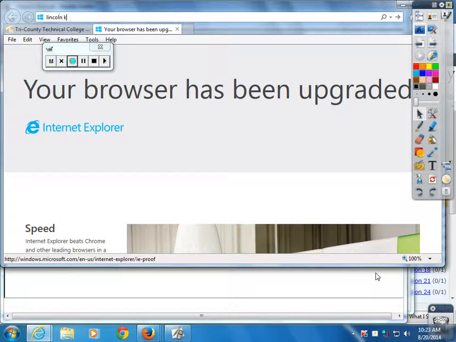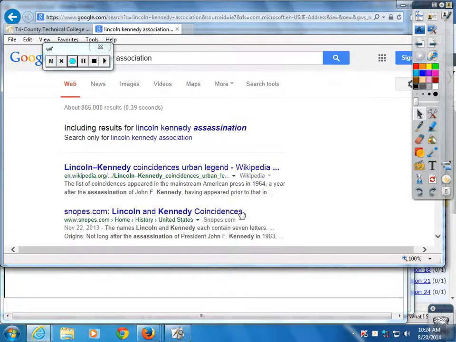Lincoln, Kennedy, associations. I don't know how to spell association. There it is. Lincoln, Kennedy, urban legends. Like when President Kennedy was assassinated, where did they find the assassin?